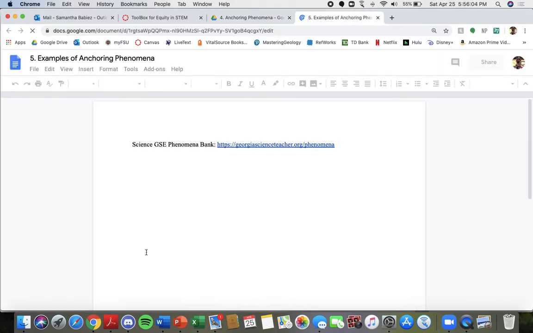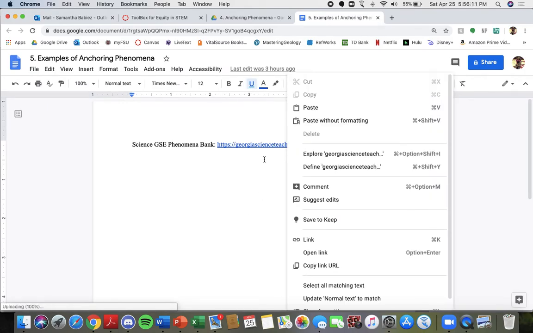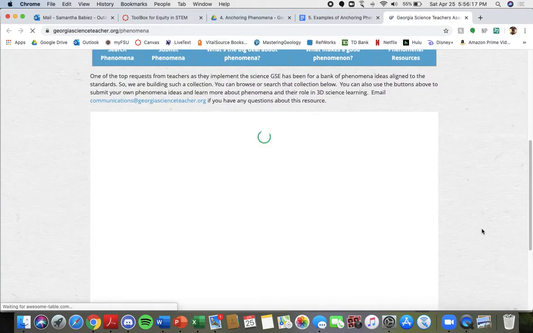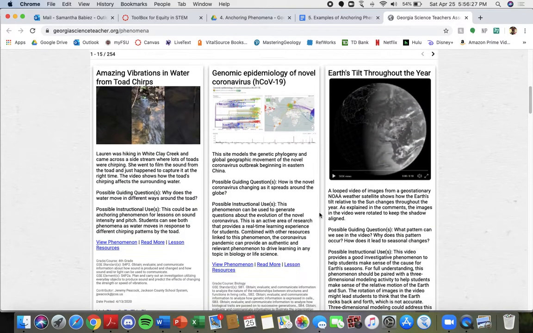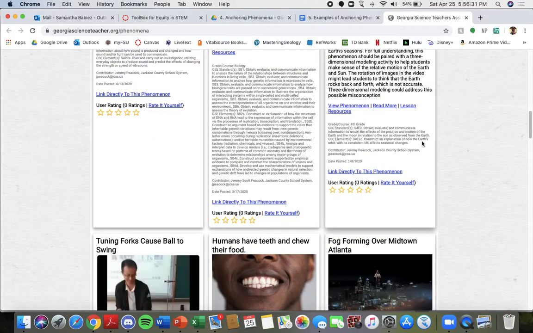And then the last one is a link to a Georgia education site that gives a bunch of examples of anchoring phenomena. In here, obviously I couldn't turn it into a PDF or anything because it's a super interactive website. So it allegedly has 254 anchoring phenomena along with lesson resources and things like that.